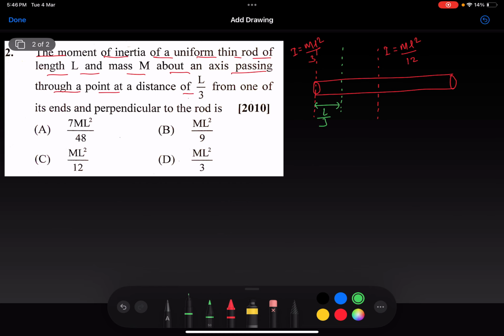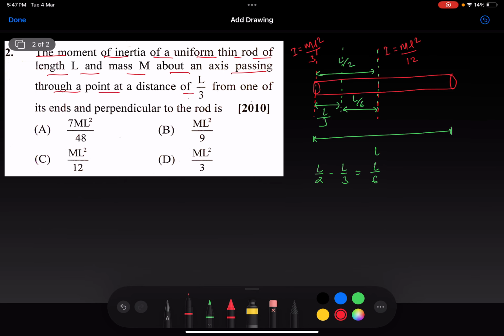The rod is of length L, and the axis through the center of mass is at L by 2. So this length will become L by 2 minus L by 3, which is L by 6. Okay, so this length is L by 6.